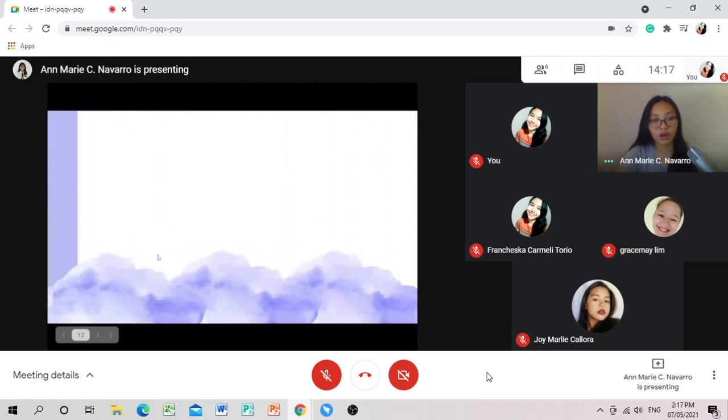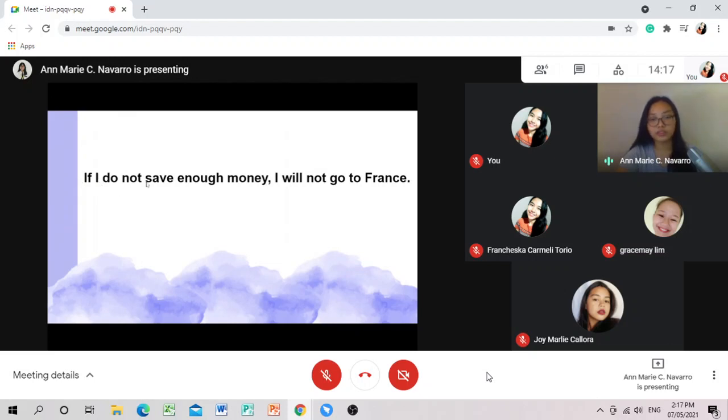Like the example that we read earlier: if I do not save enough money, I will not go to France. So it has if plus do or does not plus simple present, comma, will plus not plus base verb.